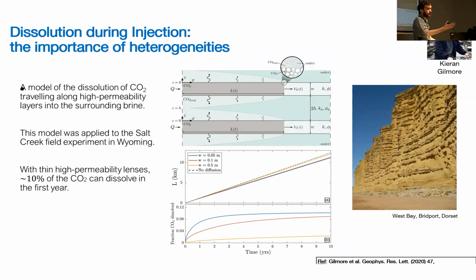And so, related to the question we had earlier, Kieran Gilmore, who's a PhD student who recently finished in our group, looked at a simple model of dissolution of CO2 fingers along high permeability channels in a reservoir, with CO2 dissolving into the surrounding ambient brine. And he applied this to the Salt Creek field experiment in Wyoming, and found that with reasonable parameters for this situation, up to 10% of the CO2 can be dissolved in the first year during injection.